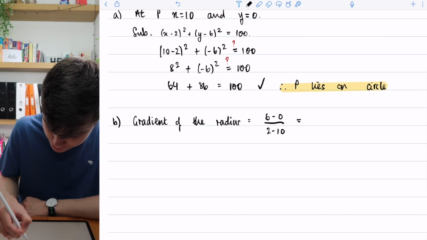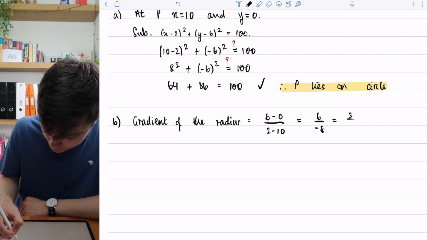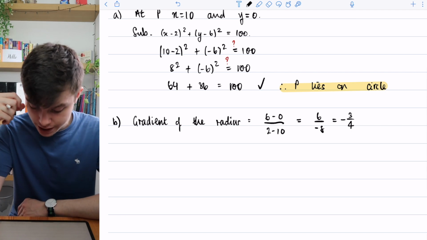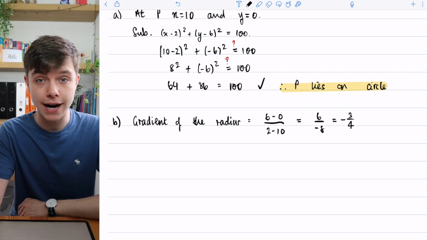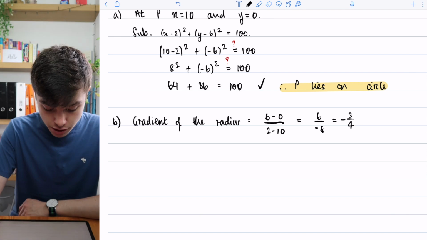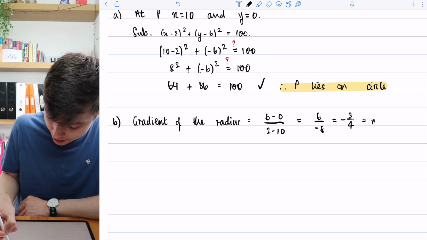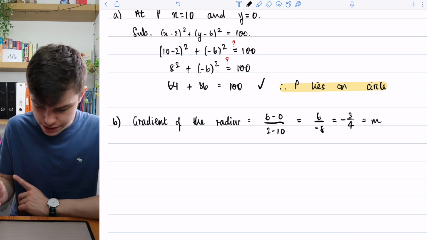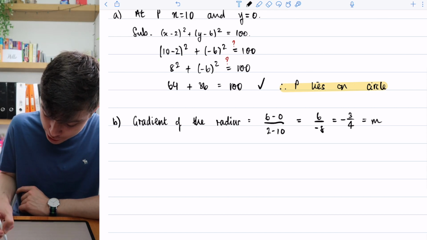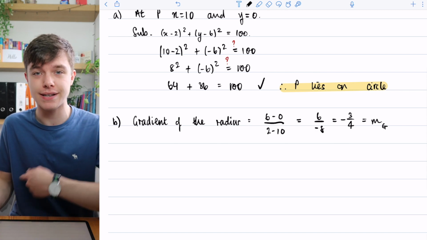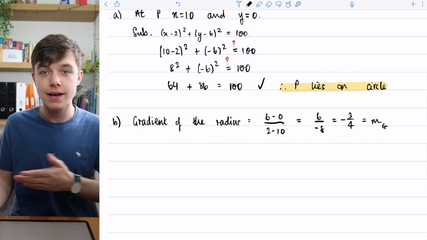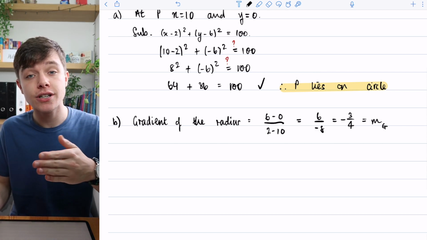That is then going to be 6 over minus 8, which is 3 over 4 with the negative on the outside, minus 3/4. So that's the gradient of the radius. Let's not call it m, we'll call it m subscript g, because in a minute we'll work out what m is. m will be the gradient of the tangent.